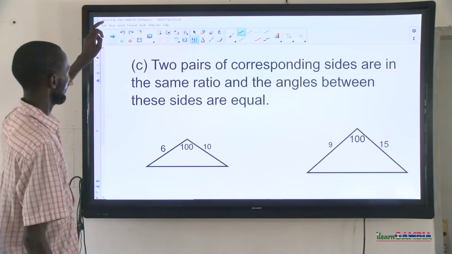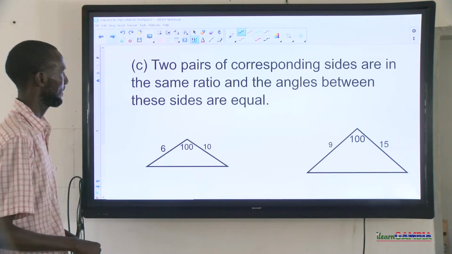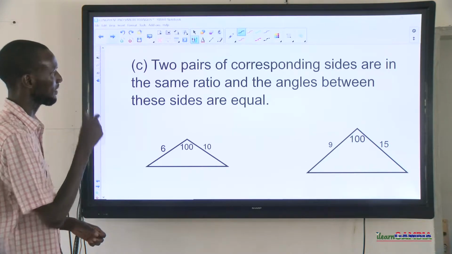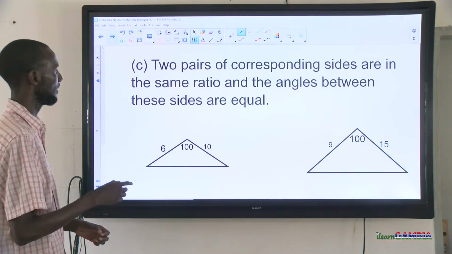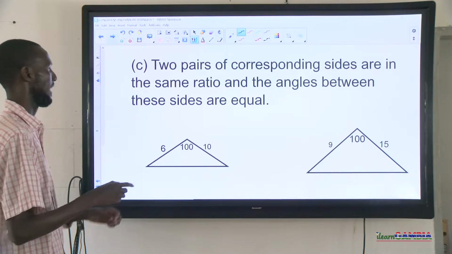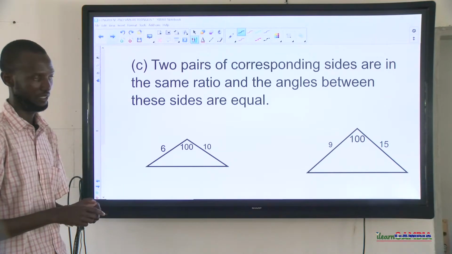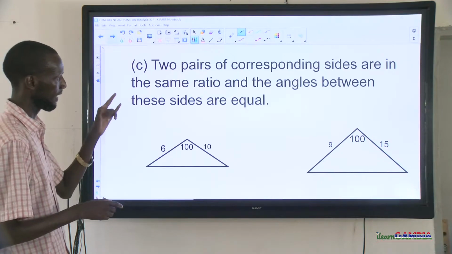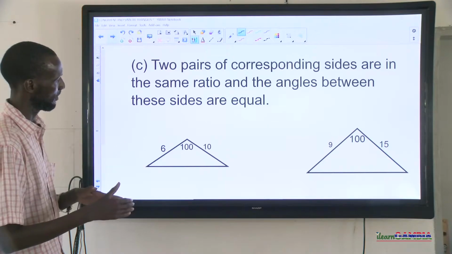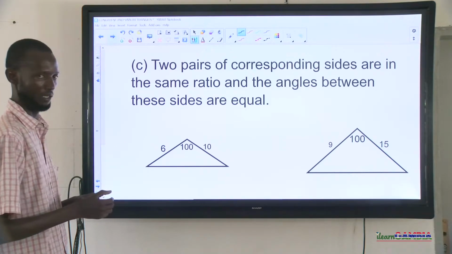And then we have a third property. It says here, 2 pairs of corresponding sides are in the same ratio, and the angles between these sides are equal.